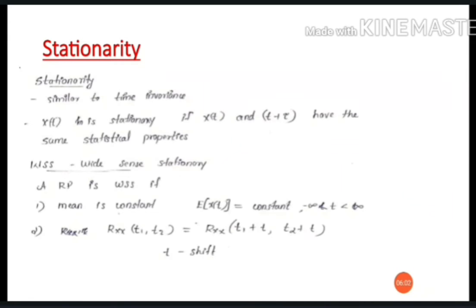This is also called the strict sense stationary process, generally SSS. For many applications, strict sense stationarity is too restrictive. Other forms of stationarity such as wide sense stationarity, WSS, or the nth order stationarity are employed.